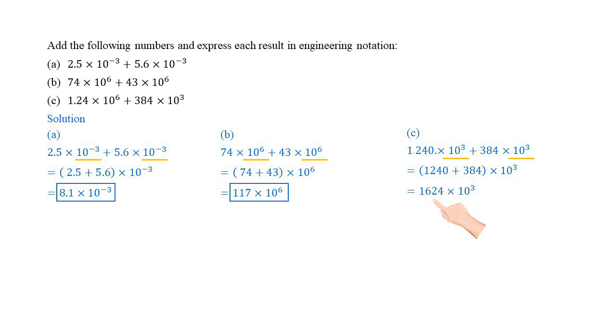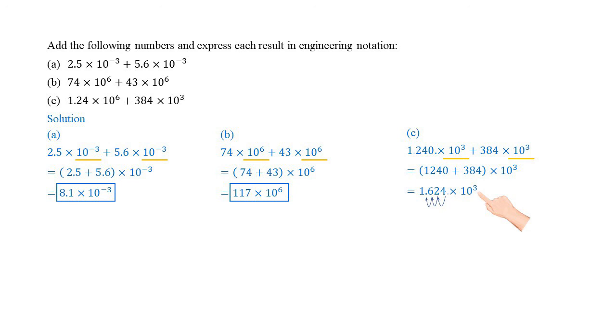We should reduce this number, so the number before the decimal point is between 1 and 1,000. Move the decimal point to the left 3 times. Three times, right? Shrink the number by moving the decimal point 3 times. We need to do some adjustment for the base of 10 term, so the value remains the same.